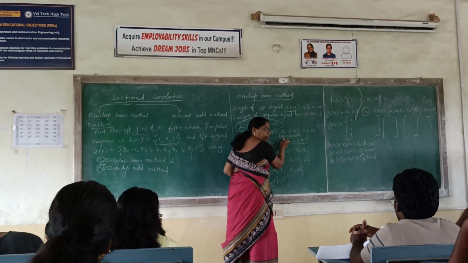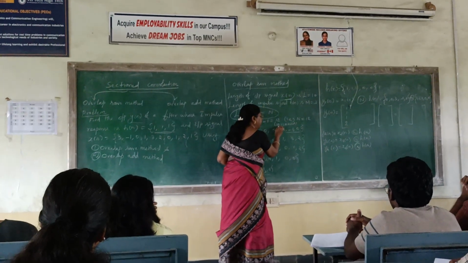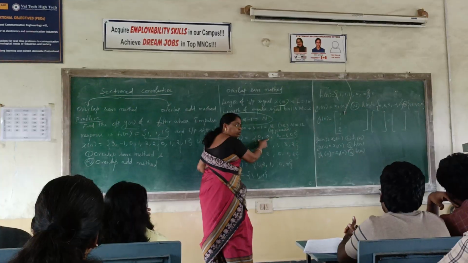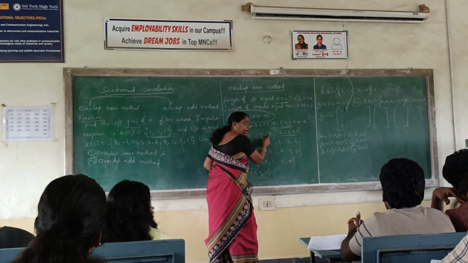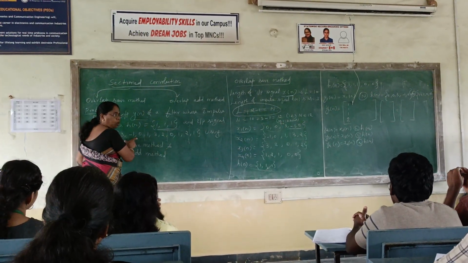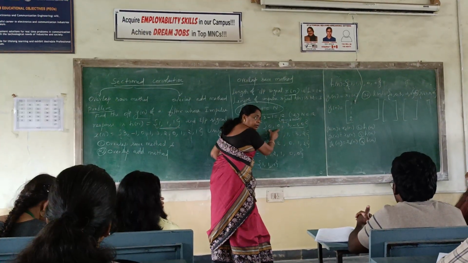M is the number of samples in the impulse signal, 3 minus 1, that is equal to 2. So you have to add 2 zeros at first, and then include the first block after the 2 zeros.